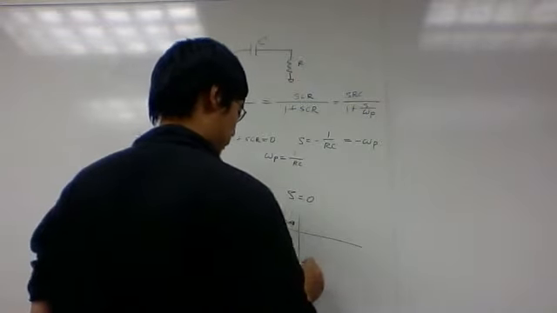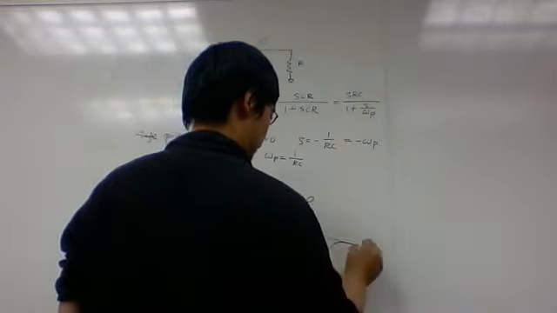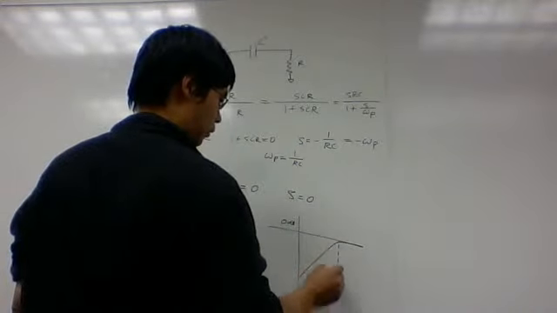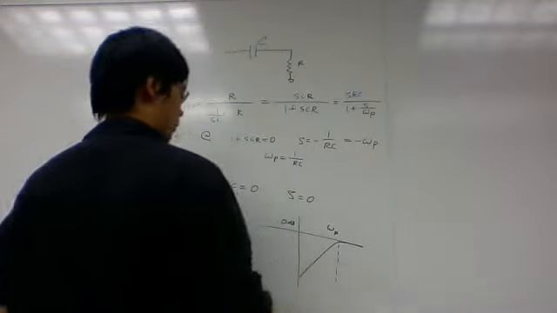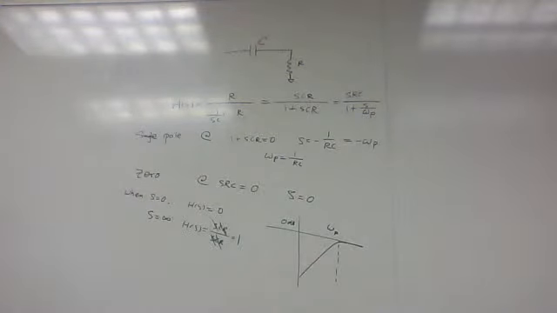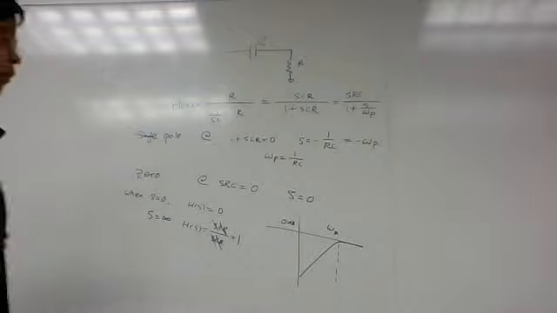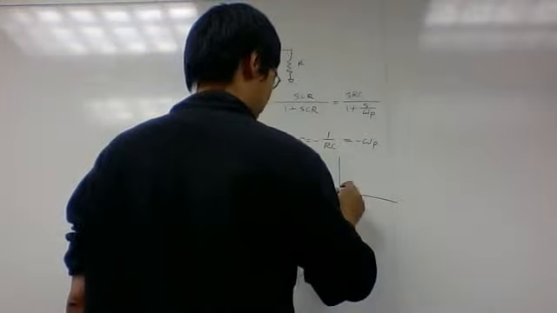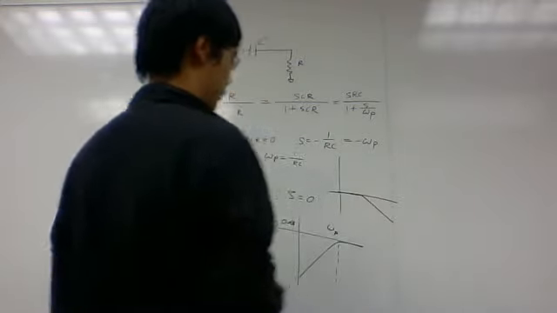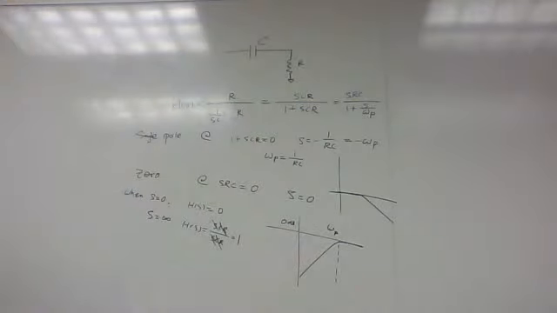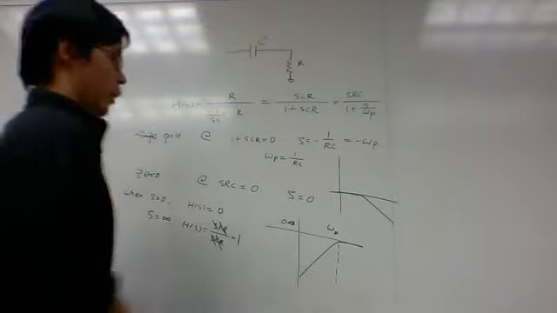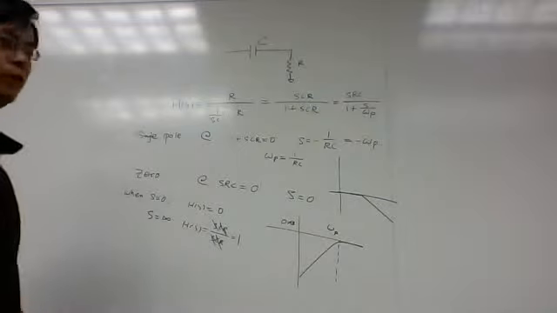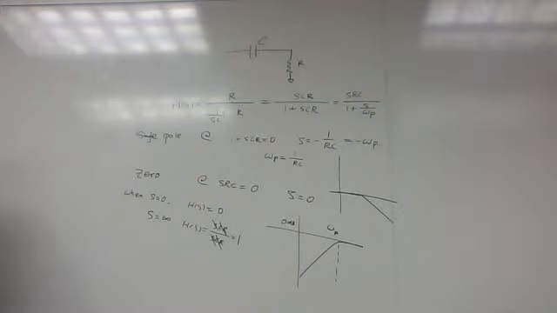So you have something like this: very negative until you come here, which is omega p, then you become a gain of 0 dB. For the low pass, it's also something like this, right? 0 dB, way down, unless you have some gain afterwards. Otherwise your gain is 1, right?